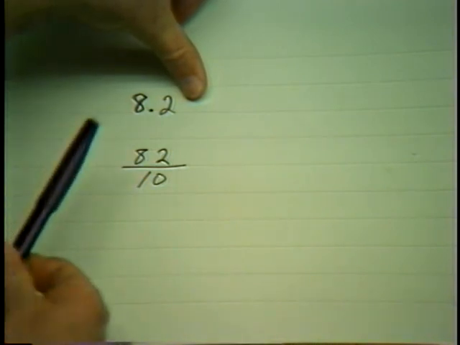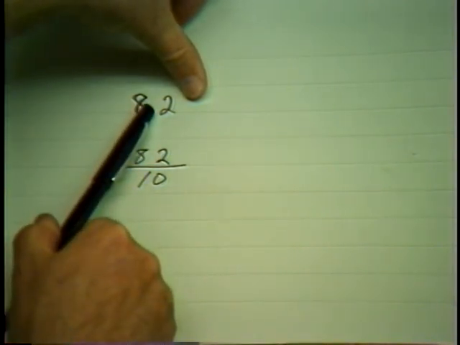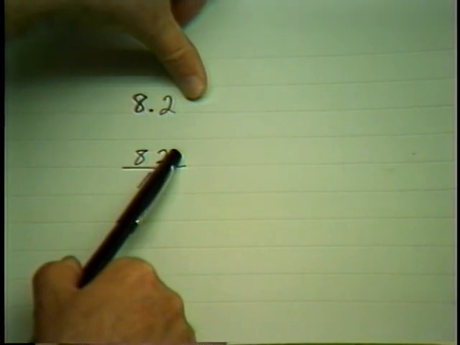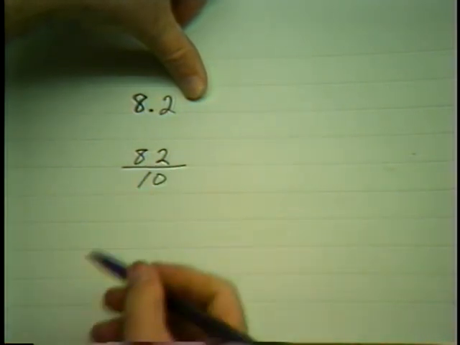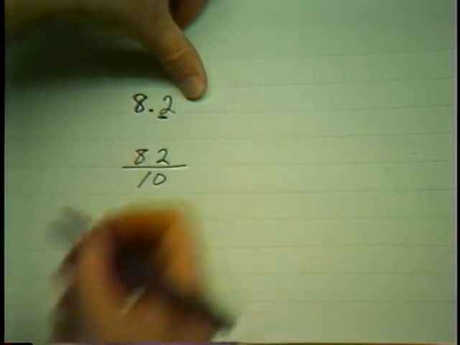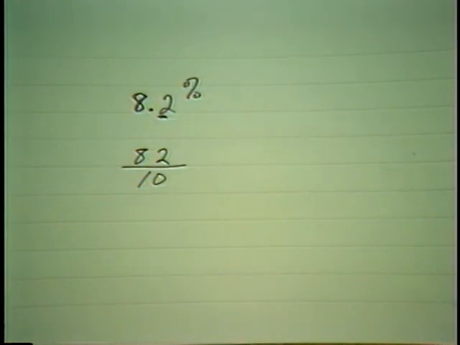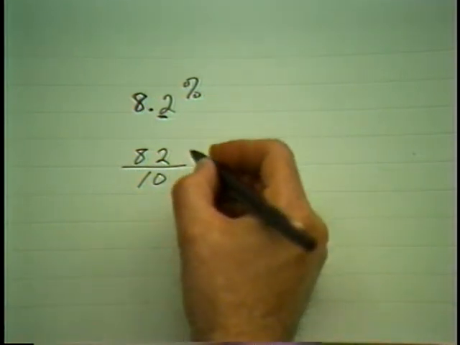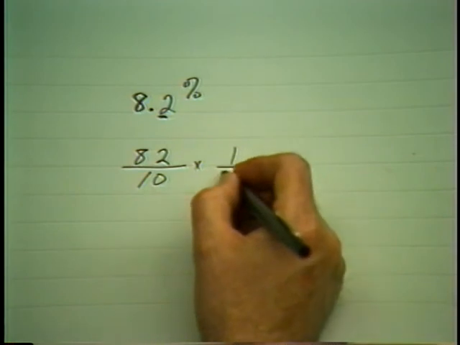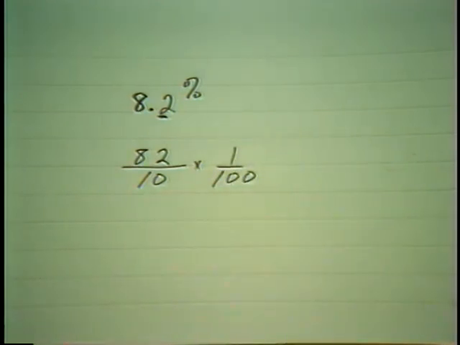We said way back, pretend like the decimal isn't there, that's 82, right over 1, then add a 0 for each decimal place. Do you recall that? Then multiply by 100th. And there's a lot of reducing that can be done there.